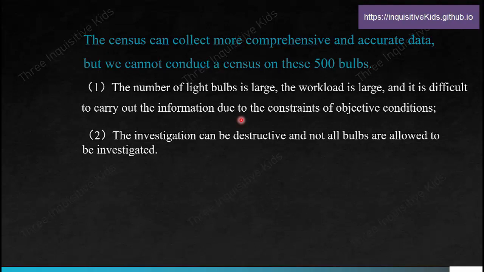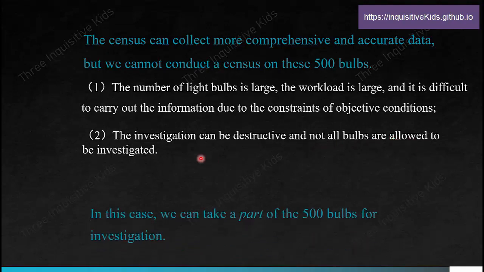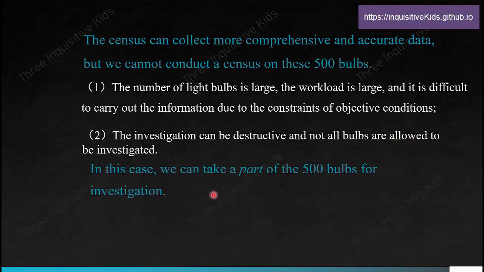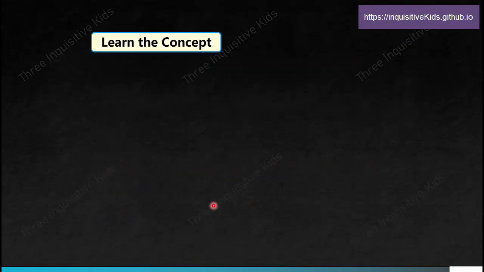So what we can do is take out a random sample of these bulbs, say 50 or 10, then survey those bulbs, and those will be the so-called representatives of these total 500 bulbs because they were randomly selected. It also says here the investigation can be destructive, and not all bulbs are allowed to be investigated. So in this case, we can take a part of the 500 bulbs for investigation.